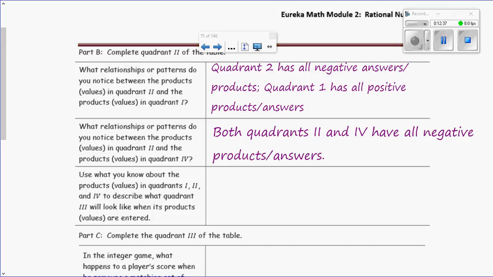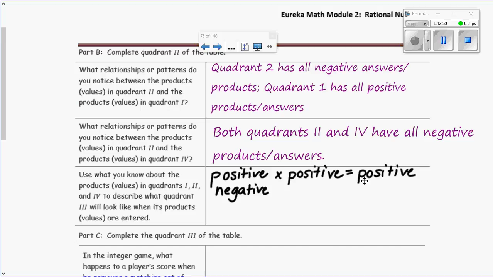We saw in quadrant 1 that a positive times a positive gave us a positive answer. We saw in quadrant 2 that a negative times a positive gave us a negative answer.